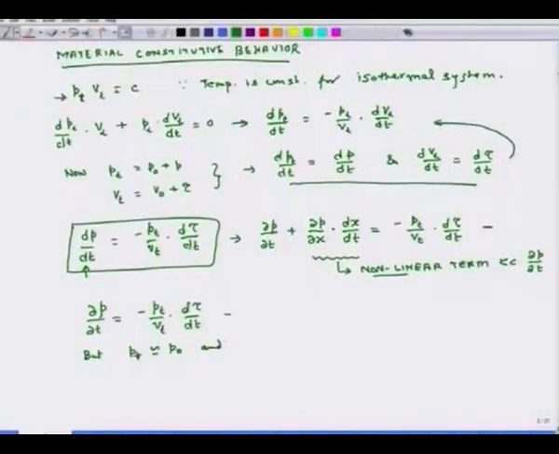Similarly, for changes in volume, Vt is approximately equal to V naught. So, using these approximations, the partial derivative of pressure with respect to time is minus P naught over V naught times d tau over dt.